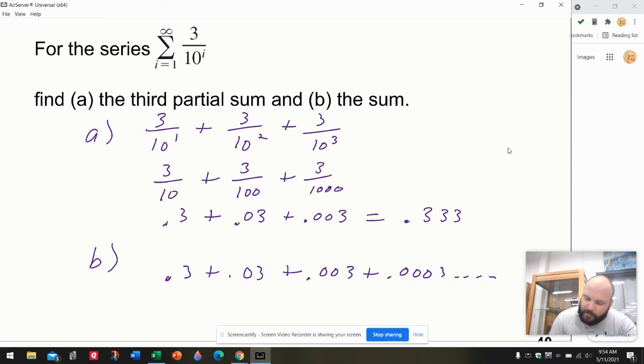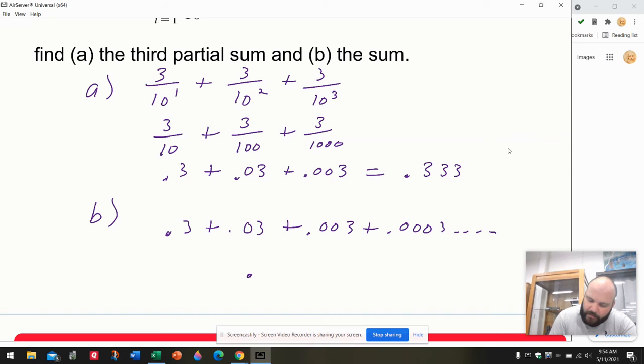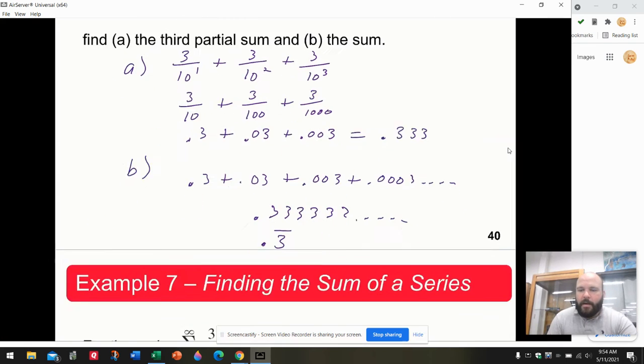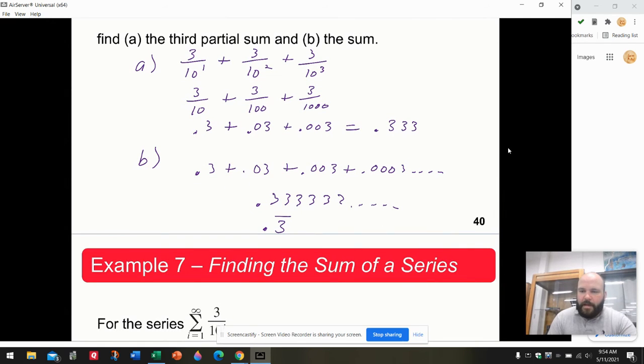And it would keep adding up. And what that would lead us to is getting a sum of 0.33333 on and on and on. And so what that actually equals is 0.3 repeating. Now, for 0.3 repeating, this is something that you probably should know. The equivalent fraction of that is 1/3. So when you add those all up, you end up with 0.3 repeating, which turns into 1/3.